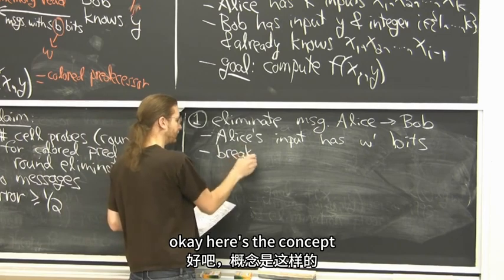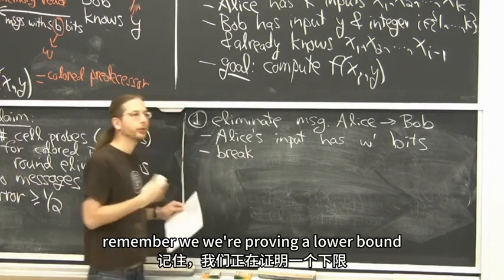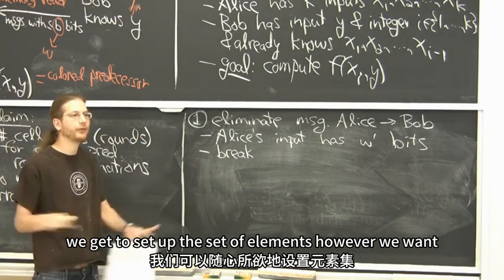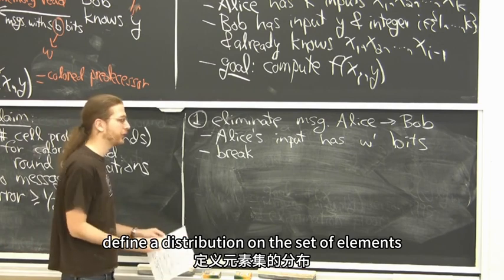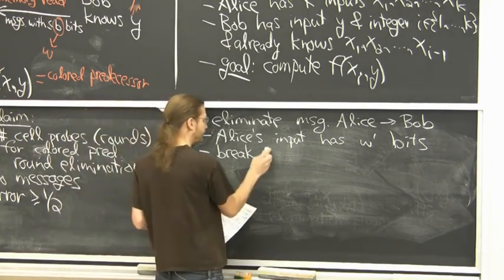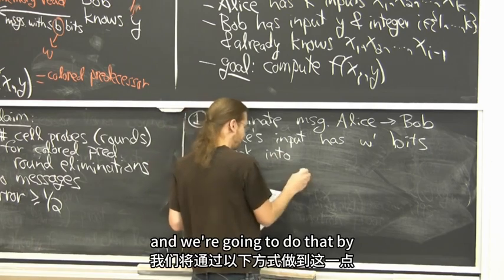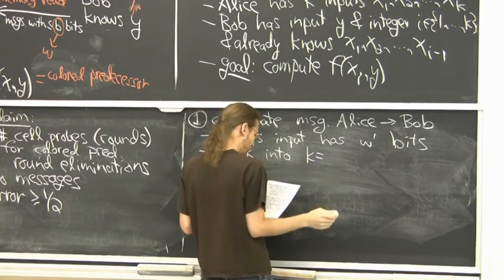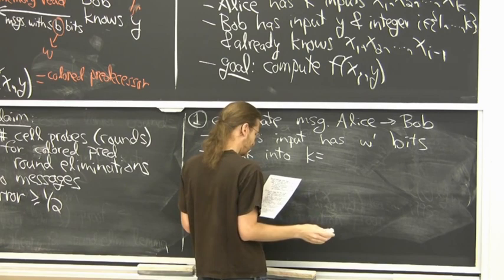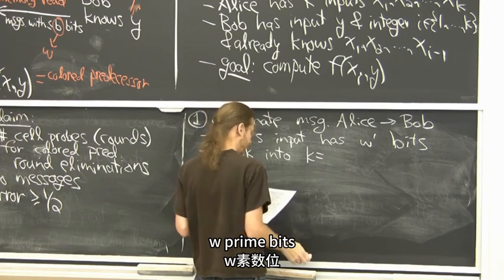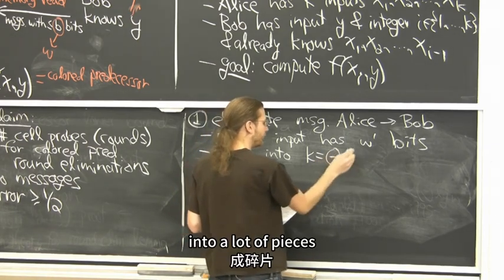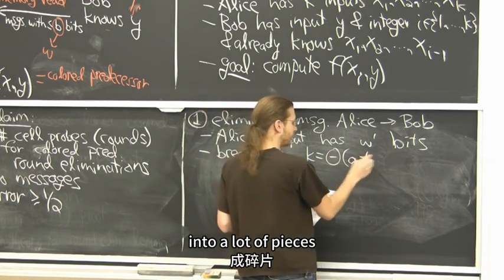Remember, we're proving a lower bound, so we get to set up the set of elements however we want. We're going to define a distribution on the set of elements by breaking this input, W prime bits, into a lot of pieces.